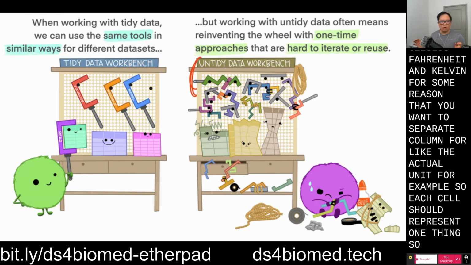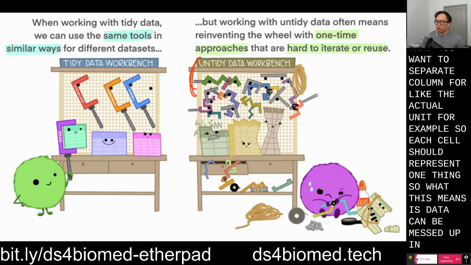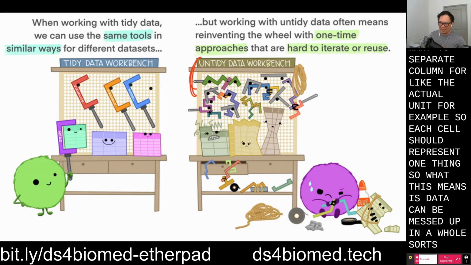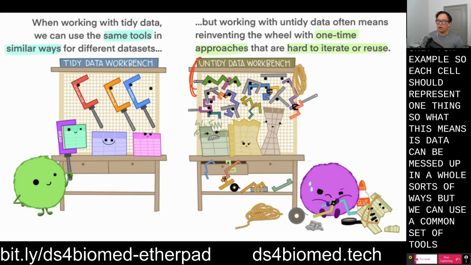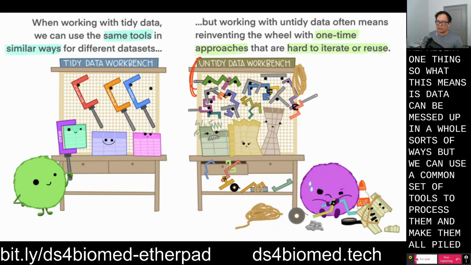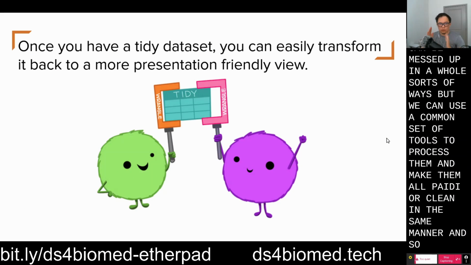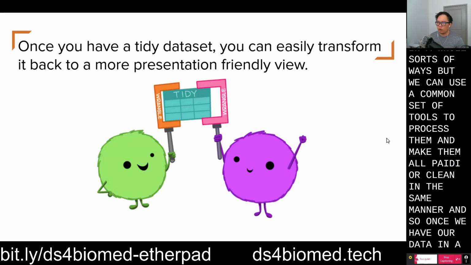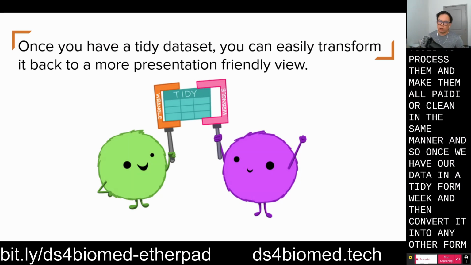And so what this means is data can be messed up in all sorts of ways, but we can use a common set of tools to process them and make them all tidy or clean in the same manner. Once we have our data in a tidy form, we can then convert it into any other form.